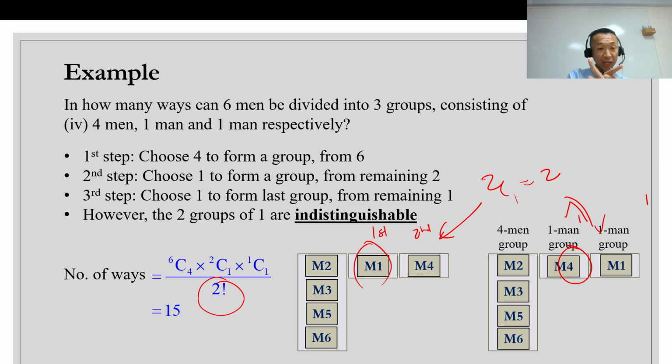In the previous part 3 example, you counted 6 times more. But in this case, you have double counted only. So you divide by 2. You don't divide by 3 factorial because the 4 men is 4 men. It's distinct. You only double counted in terms of the rotation of these two. So therefore, you divide by 2 factorial. That's that.